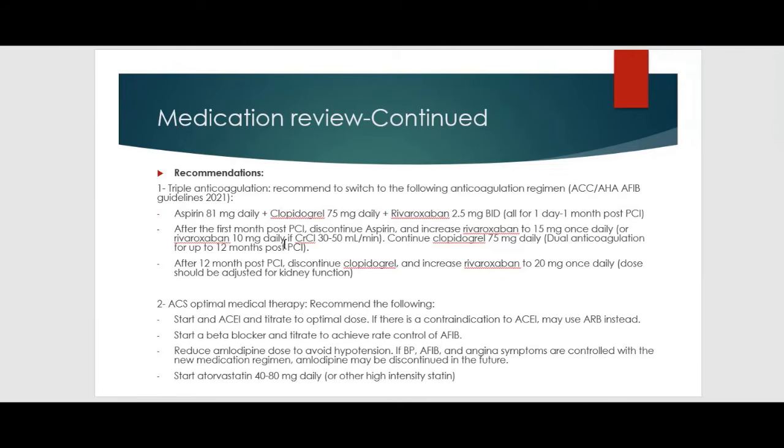After the first month, discontinue aspirin and increase rivaroxaban to 15 milligrams once daily, or 10 milligrams once daily if the creatinine clearance drops between 30 to 50. And also continue clopidogrel 75 milligrams daily. Now, this is dual anticoagulation for up to 12-month post-PCI.